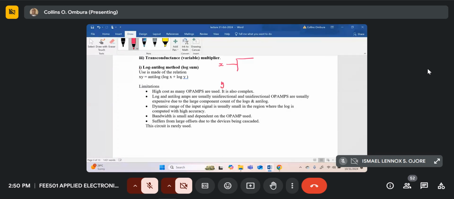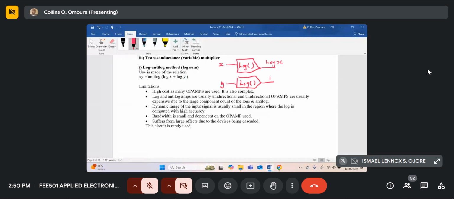This is a symbol we normally use. So you start with 2 log amplifiers. The first one gives you an output which is log x.